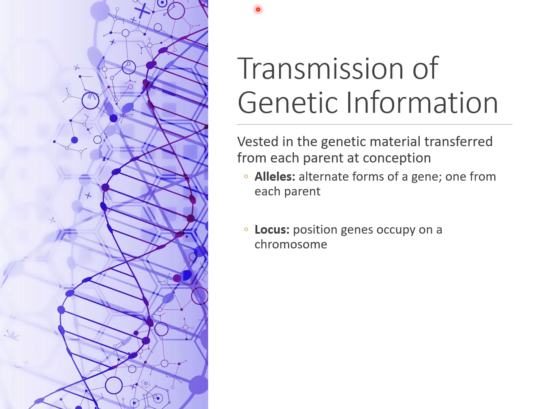When only one pair of genes is involved in the transmission of information, the term single gene trait is used, and single gene traits follow Mendelian laws of inheritance that we'll talk about. Again, alleles are alternate forms of a gene, one from each parent, and a locus is the position that genes occupy on a chromosome.